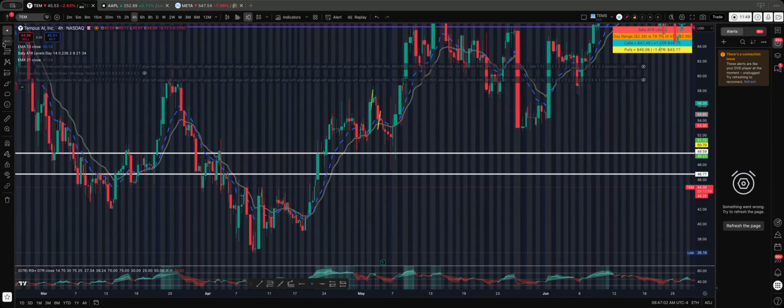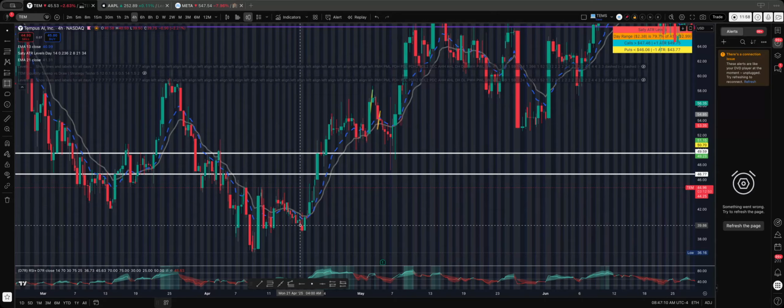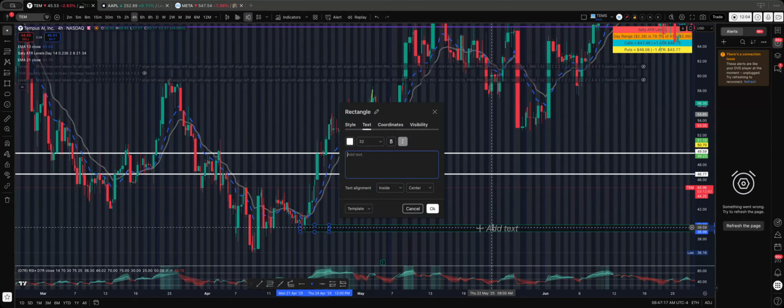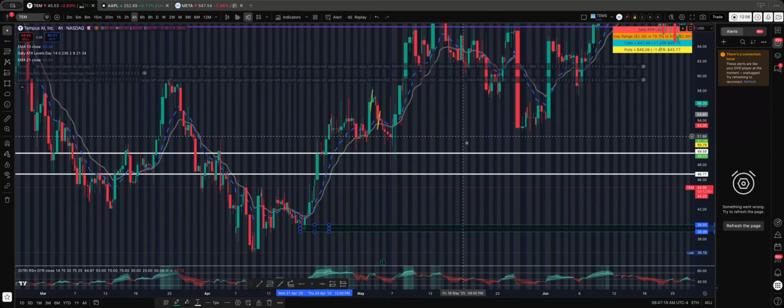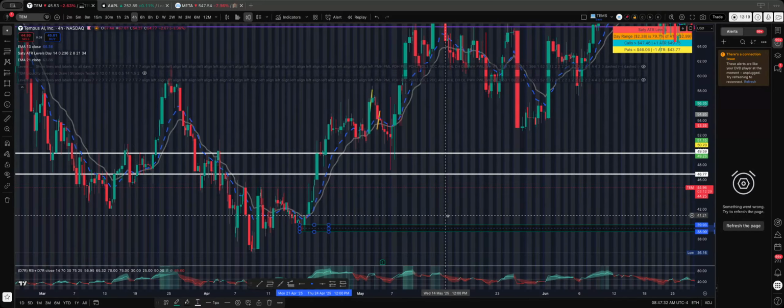So what I would do is go to my tools, find a rectangle, and just be cognizant that, sorry, I think it's a demand zone. I keep getting them wrong because I get them backwards. So you can tell me in the chat which one I should be using.